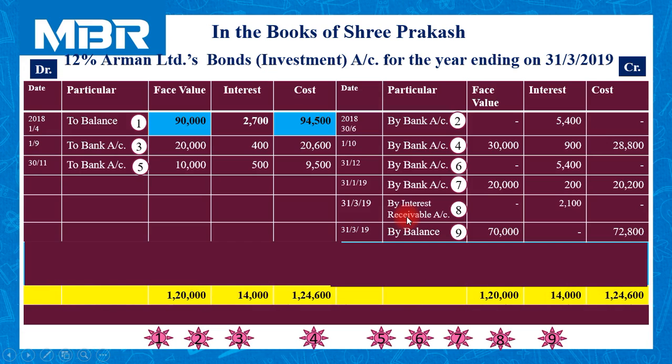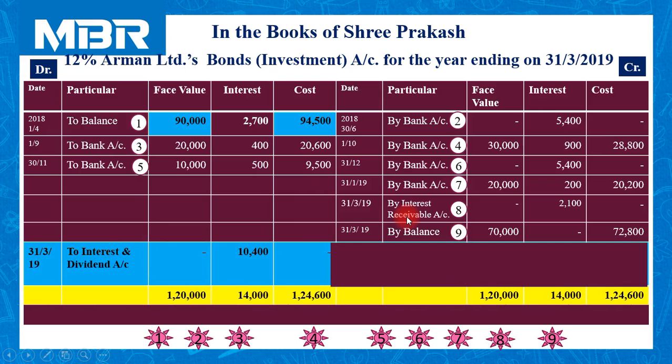Now it is time to close the ledger. First of all, face value total remains the same on both sides, so there is no difference in the column of face value. Interest total of the credit side is rupees 14,000. So the difference is available on the debit side by rupees 10,400 and it is transferred to interest and dividend account.